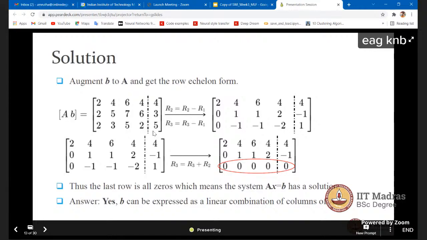So the easiest method is augmenting the vector with the matrix A and verifying the last row. You can also get a previous row as 0. It may be a rank 1 matrix also, but this is a rank 2 matrix. So when you obtain 0 here, it is a solution. That is why this B can be represented as a linear combination of the columns of A.